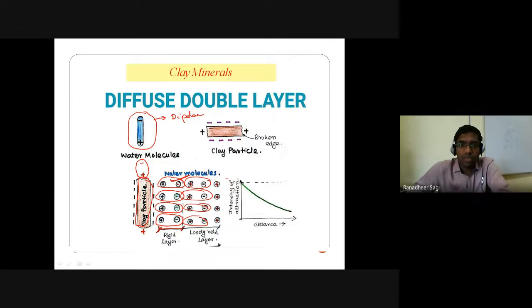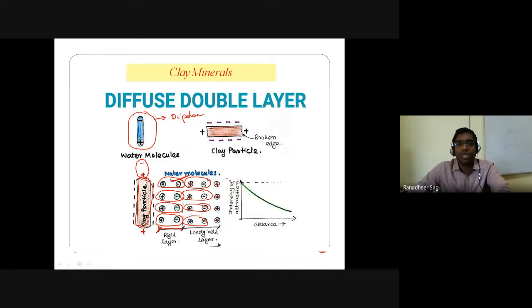So the viscosity of the water existing around the vicinity of your clay particle is going to be high when compared to the viscosity of the fluid which is in free state.